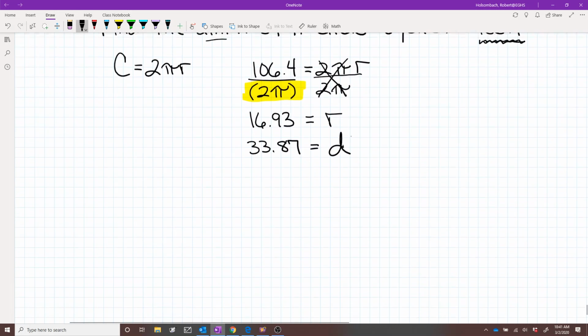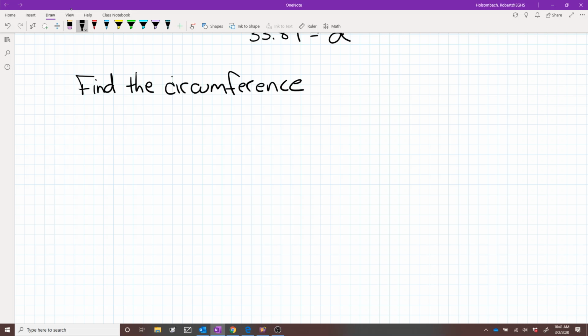Alright, so let's take a look at this problem. Find the circumference, and you've got this picture.